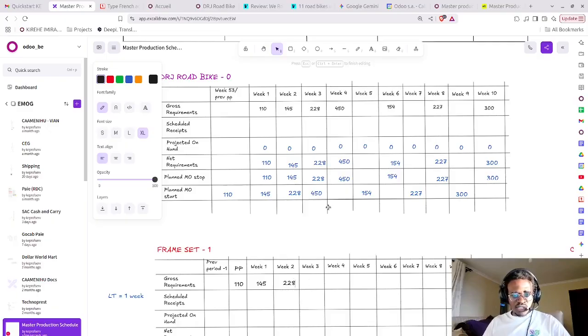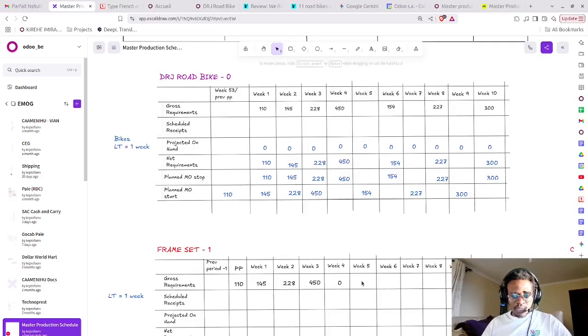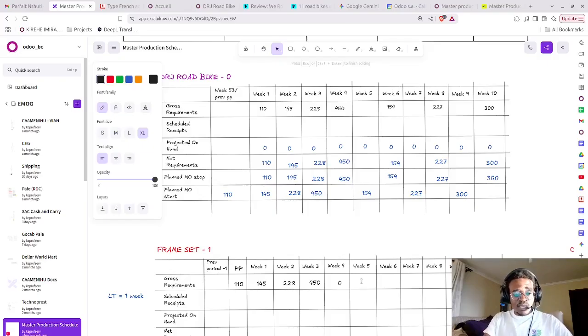I need to manufacture 450 bikes. I need 450 frame sets. I need to make 0, so here I need 0 frame sets. Here I need to make 154 bikes. I need how many frame sets? 154. Week 6, I need 0 planned MOs.